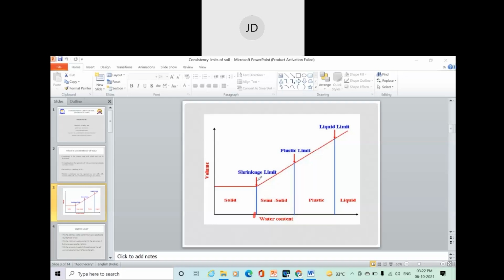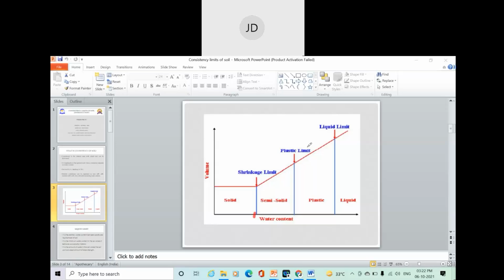And the moisture content between semi-solid and solid state is known as shrinkage limit. These three, shrinkage limit, plastic limit, and liquid limit, are known as consistency limits or Atterberg limits.